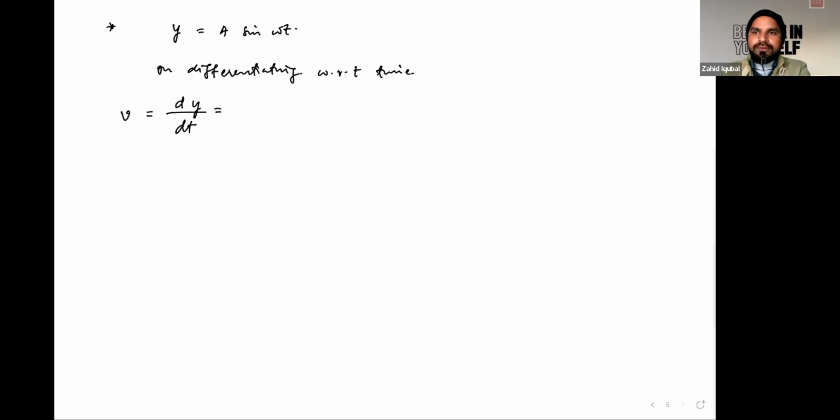In this part we have two different terms: one is this particular sine and the next is omega t. A is constant, so keep it outside.